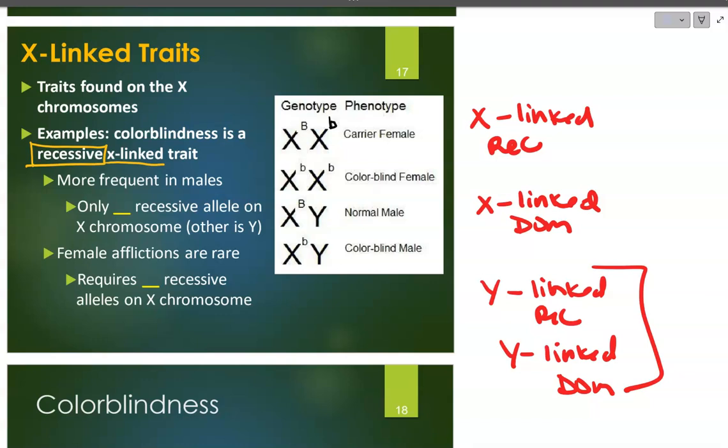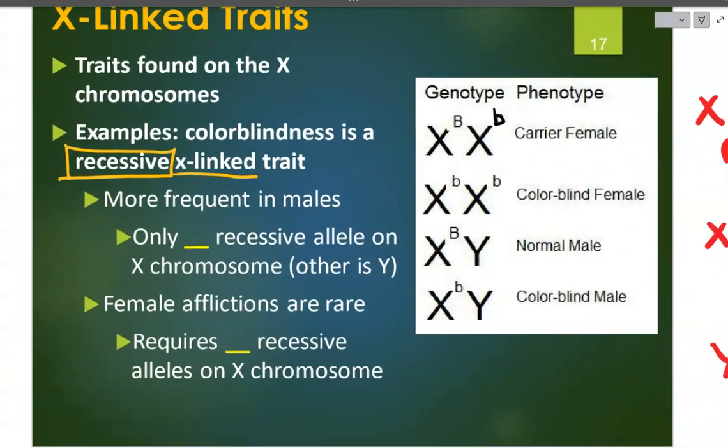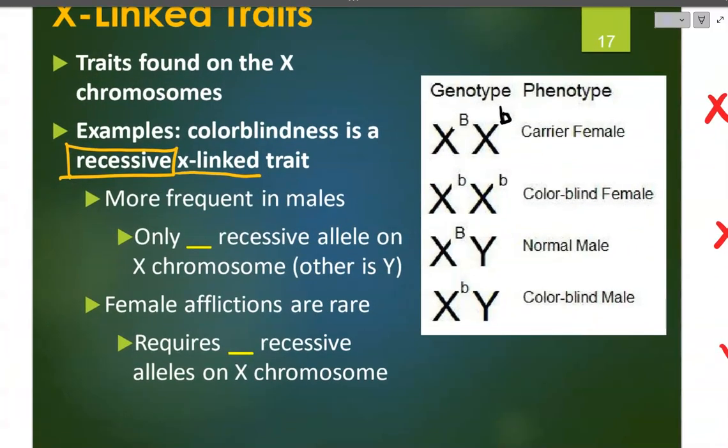And so we're going back to talking about typical Mendelian traits where there's a dominant and recessive trait. So in this example, we're going to use the letter B for color blindness. Since it is a recessive trait, we're going to use the little lowercase b to represent that.